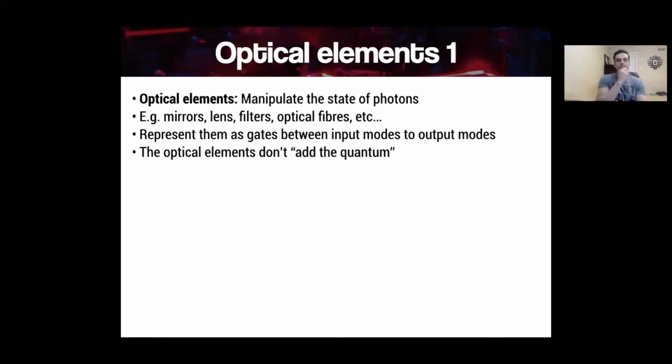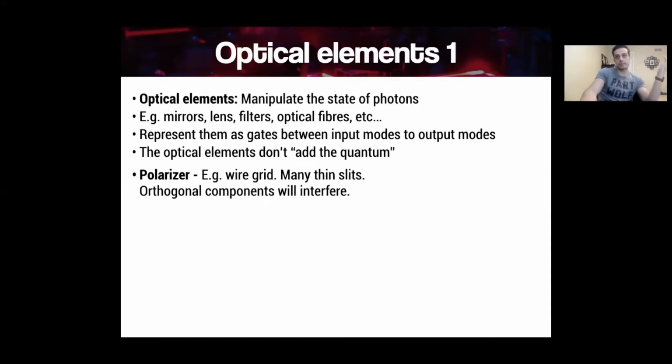If you're at all familiar with what Xanadu does, with continuous variable quantum computing, they can use Gaussian states, or just classical states of light. They work with classical optical elements, and then in the end they are able to do some quantum computing. The reason they're able to do that is because they have measurement devices that introduce the quantum behavior, the quantum effect.